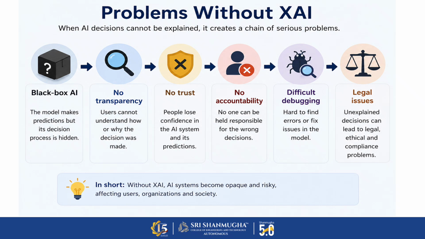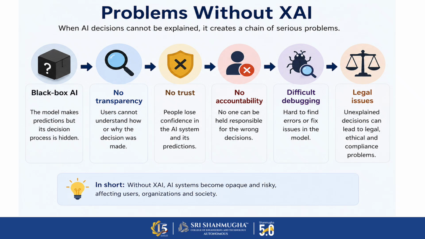Next, it is very hard to find the error or fix the issues in this model. Legal issues: unexplained decisions can lead to legal or ethical complaints. So, in short, without explainable artificial intelligence, AI is very opaque and risky, right?